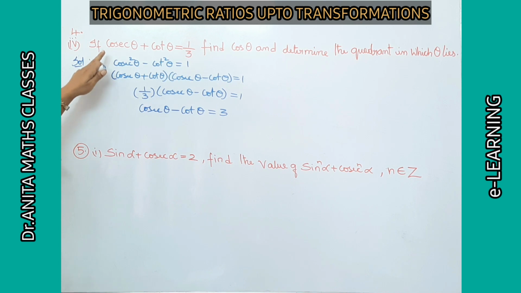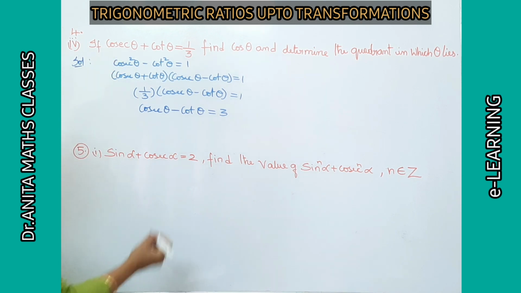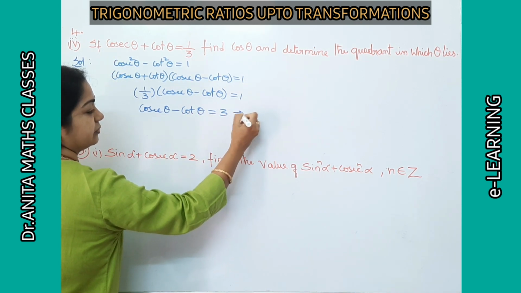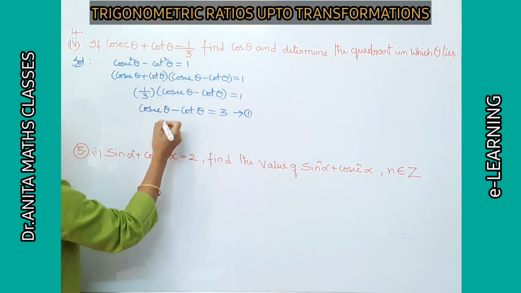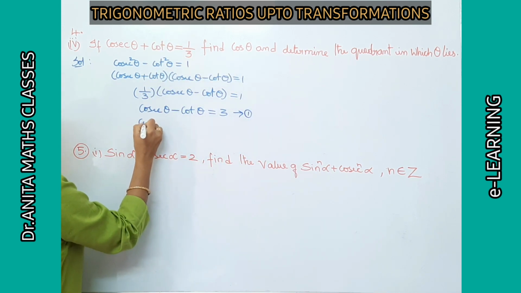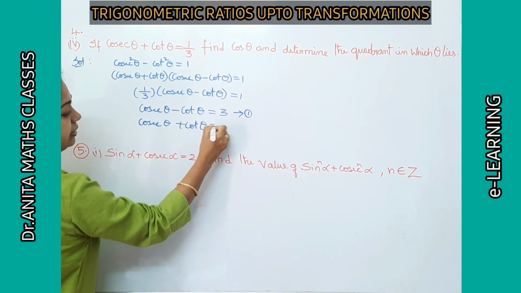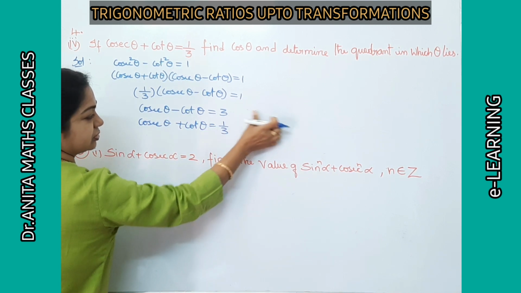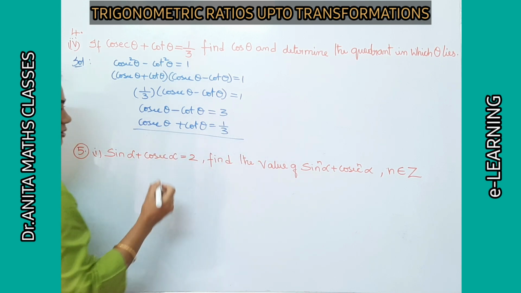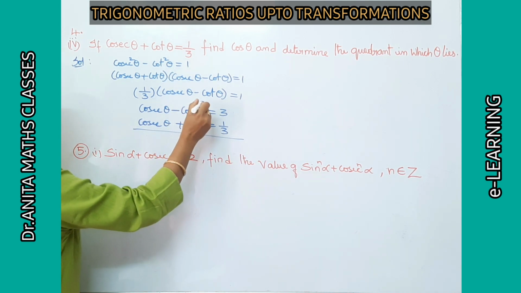So let this be equation 1 and let that be equation 2. Cosecant theta plus cot theta is given already as 1 by 3. So we will solve them. They get cancelled.